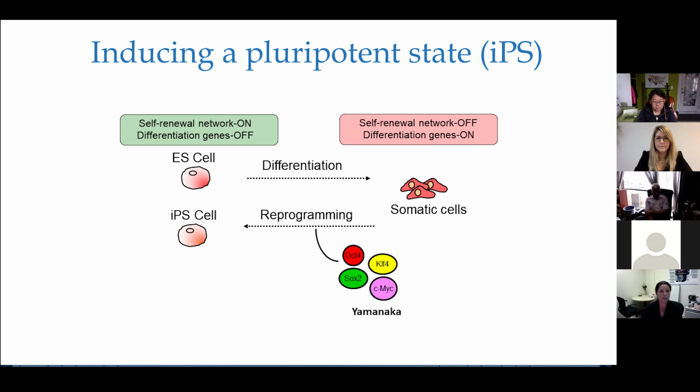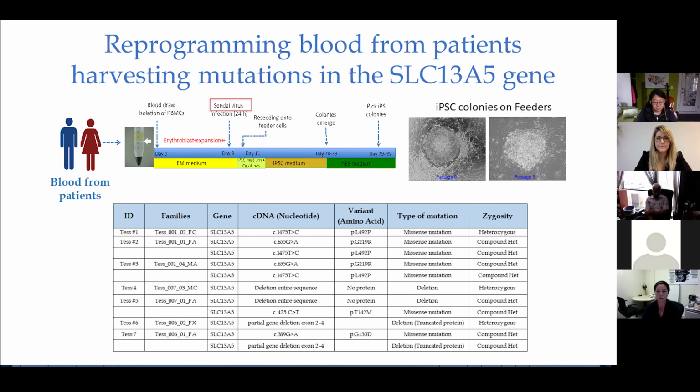Let's see. This is how the process looks like. We have blood from patients. Here we are collecting only the white cells, and we culture these cells for a couple of weeks. And then we deliver those 4 transcription factors using the Sendai virus.